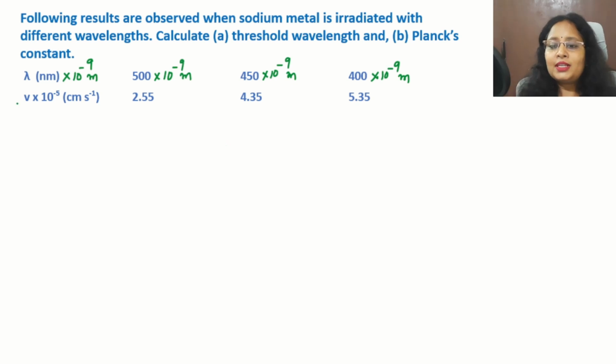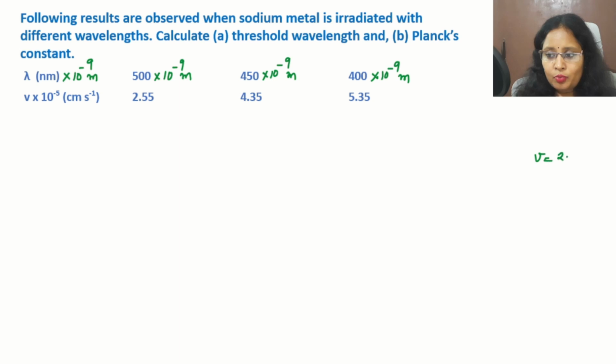Now next thing, they gave the velocity of the photon. They gave V into 10 to the power minus 5 centimeter per second. So we need to do this: 10 to the power minus 5 will go with the given values in the division form, first thing. And second thing, centimeter per second will change to meter per second. Let's see how.